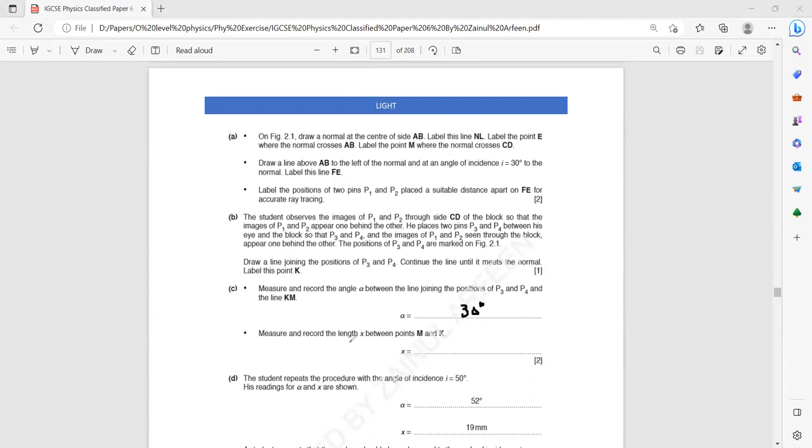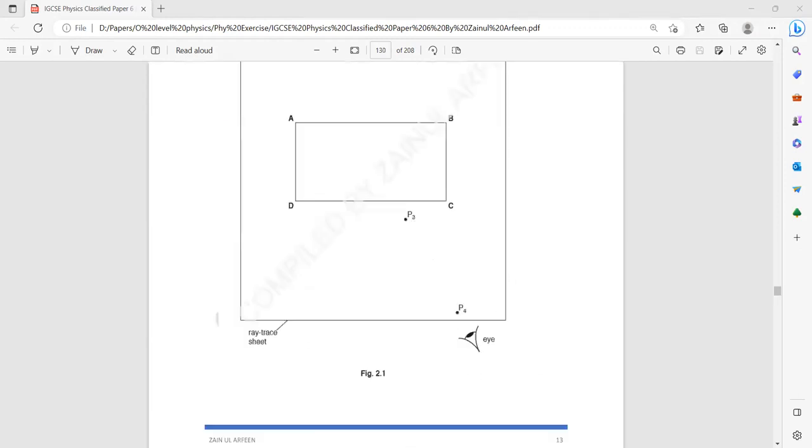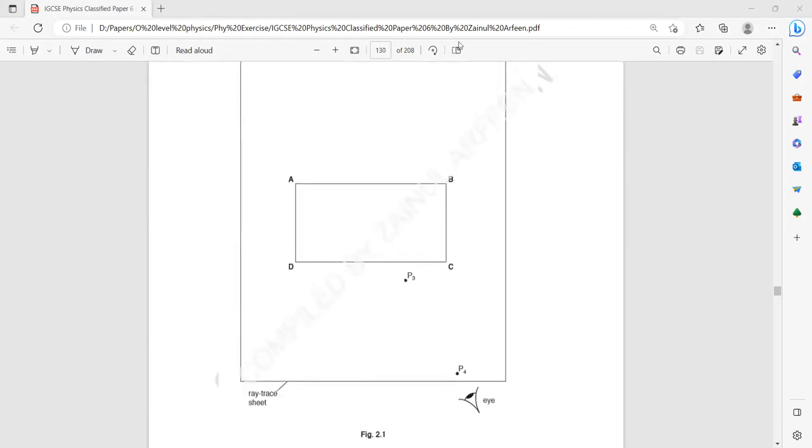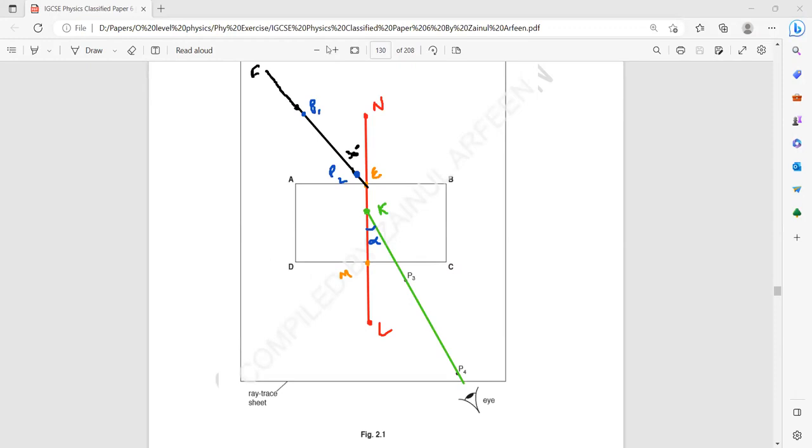Then measure and record the length X between N, M and K. How will you know where to place a protractor? It depends. For example, I'm measuring the angle between these two lines.